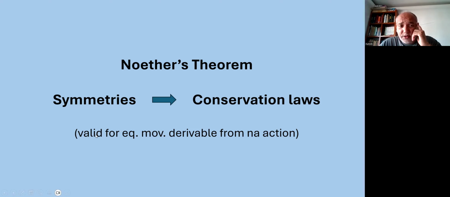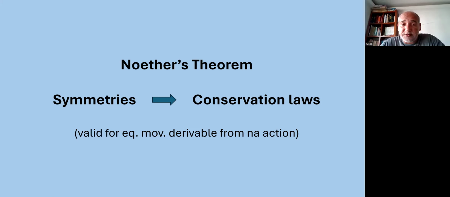Well, first of all, let me recall that Noether's theorem works for systems whose dynamics is determined by an action principle. So it is built into the proof of Noether's theorem.